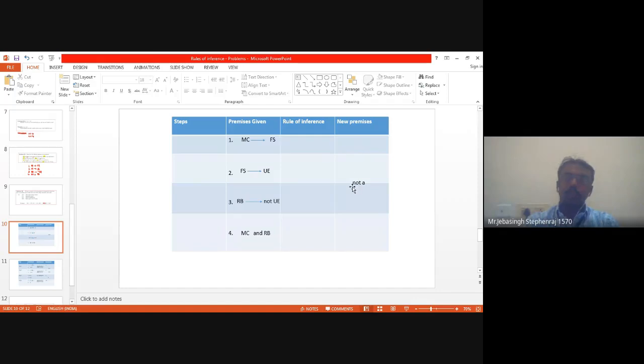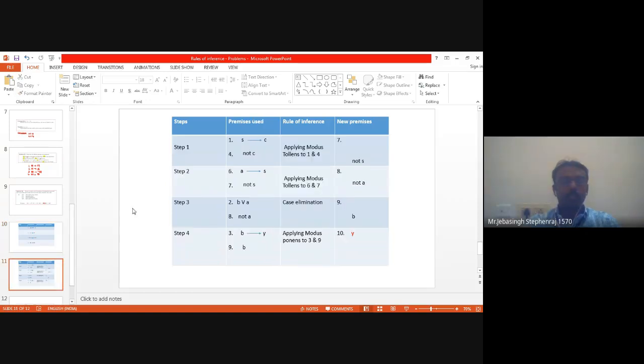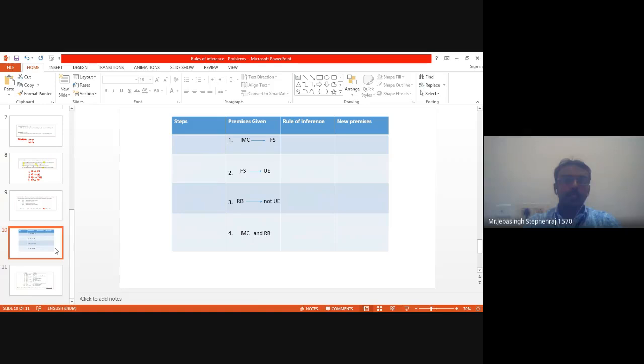For these four premises, you have to apply the rules of inference. These are all given statements. In the next step, I'm going to make use of the given statements. What rules can we use?